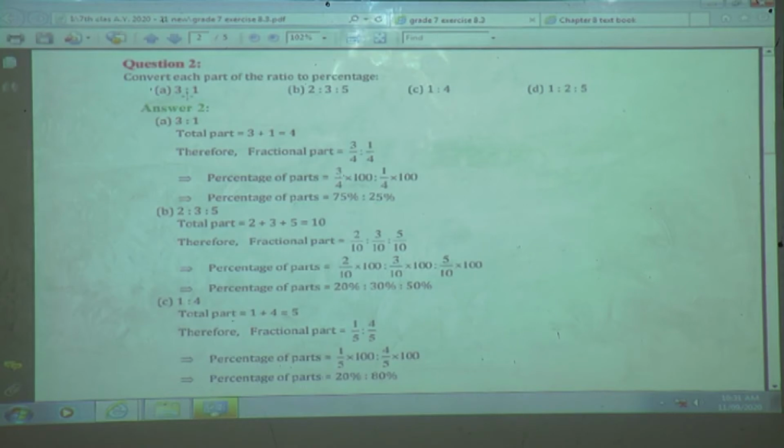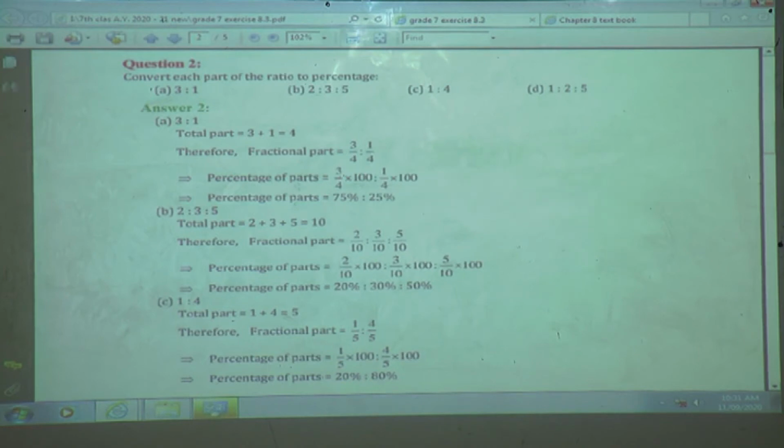We will consider the first example, 3:1. The total part is 3 plus 1, which is 4. Therefore the fractional parts are 3 upon 4 and 1 upon 4.